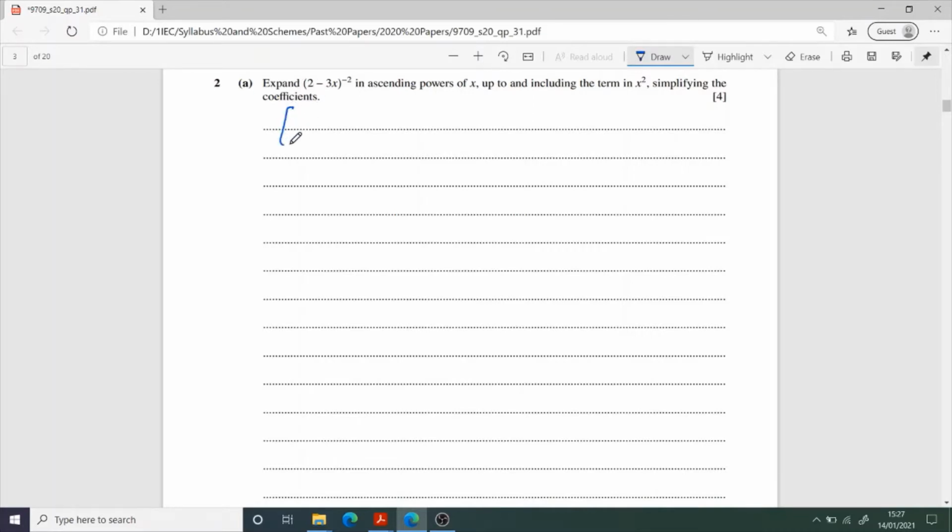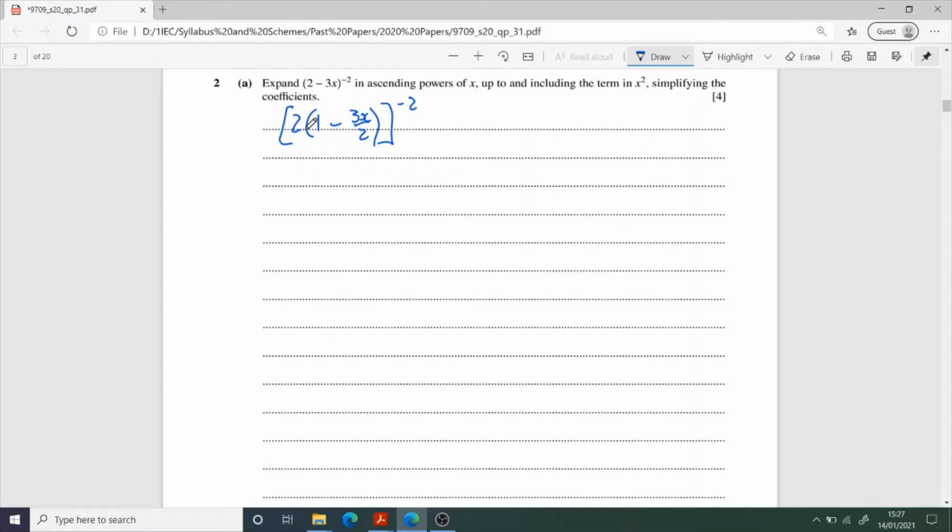So I'm going to use square brackets to begin with, take a 2 outside the brackets, and inside the brackets, for this to still be the same thing, we would have to have 1 minus 3x over 2. And that whole thing is all to the power of negative 2. Okay?